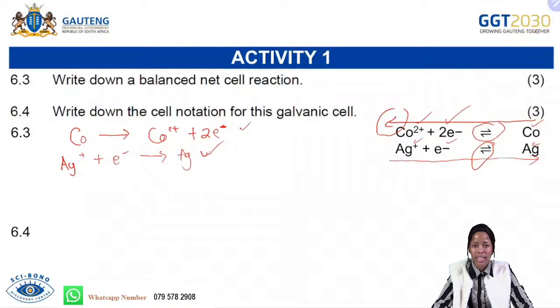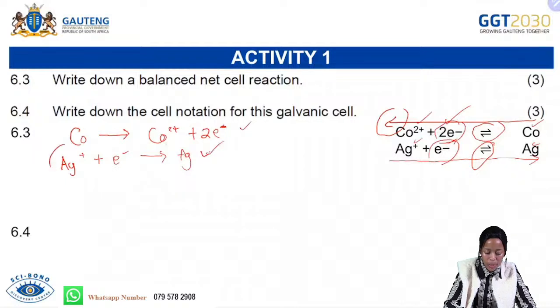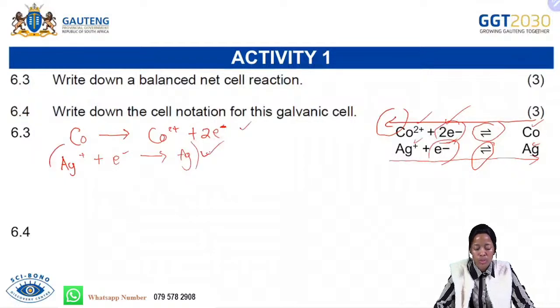You are going to check the electrons to say, are the electrons balanced? So now you will see that by the cobalt, how many electrons do you have? The cobalt, we have 2 electrons. And then by the silver, how many electrons do we have? We have 1 electron. So if that's the case, it therefore means that we need to do what? We need to balance the number of electrons. So if we are balancing the number of electrons, then what are we going to do there?